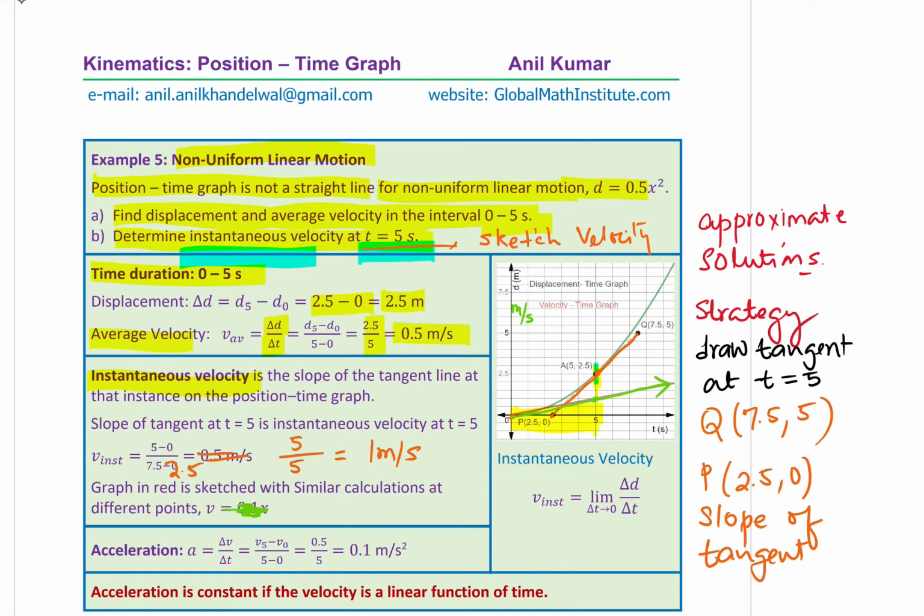We'll just say the velocity graph is in green, correct? So the velocity graph we have sketched in green as shown here. It is connecting the point 0 to the value which we just calculated, and we just sketch this particular graph.